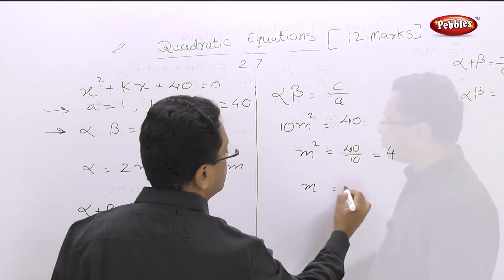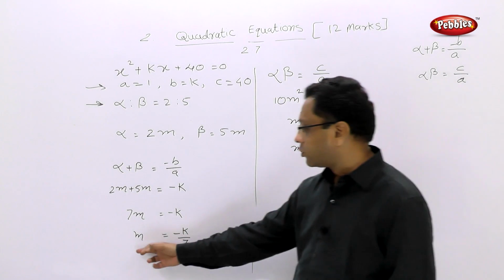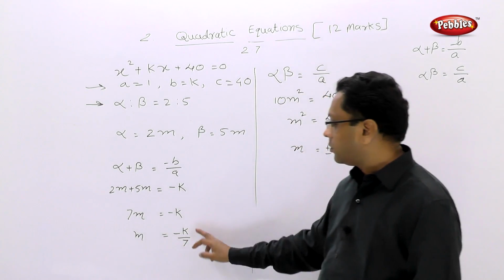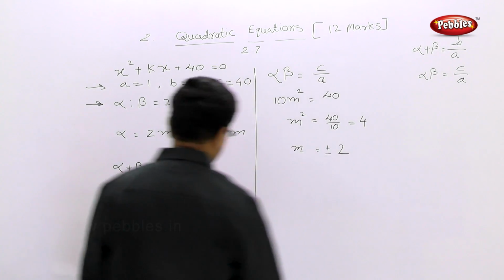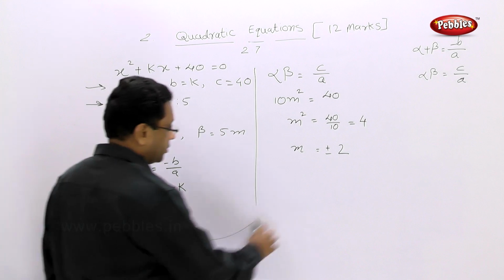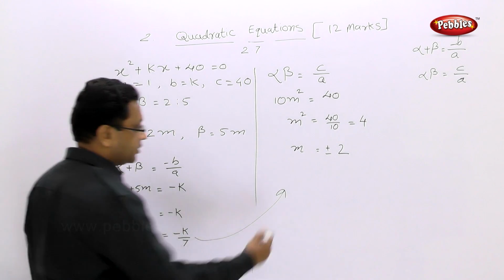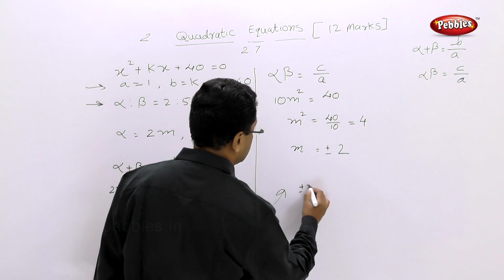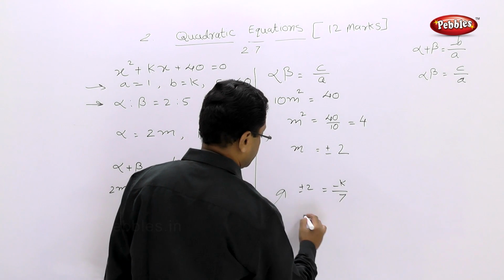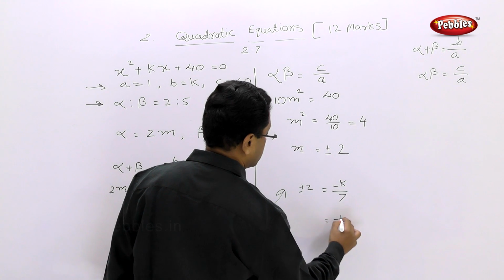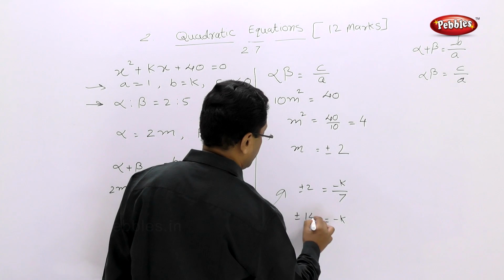So m is equal to plus minus 2, and we also know that m is equal to minus k upon 7. So let us make use of this relation here, and we say that plus minus 2 is equal to minus k upon 7. So minus k is equal to plus minus 14.